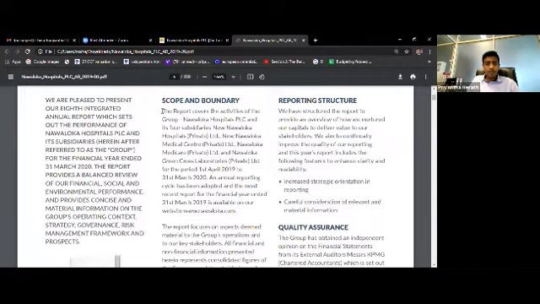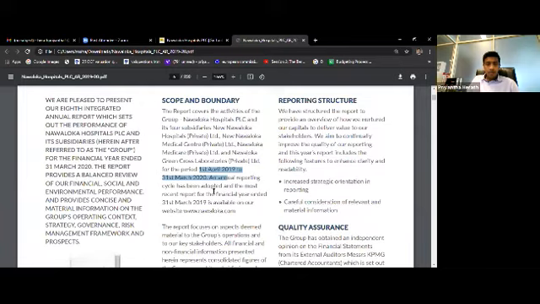I'm reading this part, right? So this is Navaloka Hospital PLC group, and the subsidiary companies mentioned here, and the period is from 1st April 2019 to 2020, right?